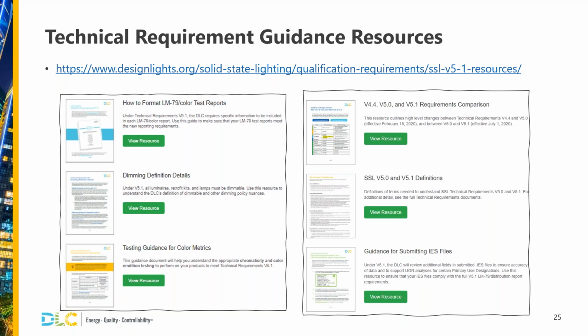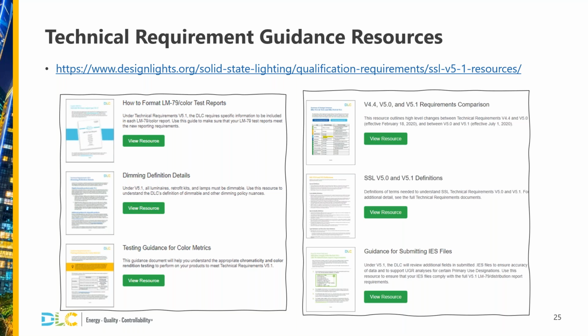And we'd also like to emphasize again that we have created a number of resources for submitters to help navigate through these new requirements. These resources address many of the new version 5.1 technical requirements, how to test for them, and how to ensure reports are complete and accurate. This slide shows 6 of the 8 resources currently published.